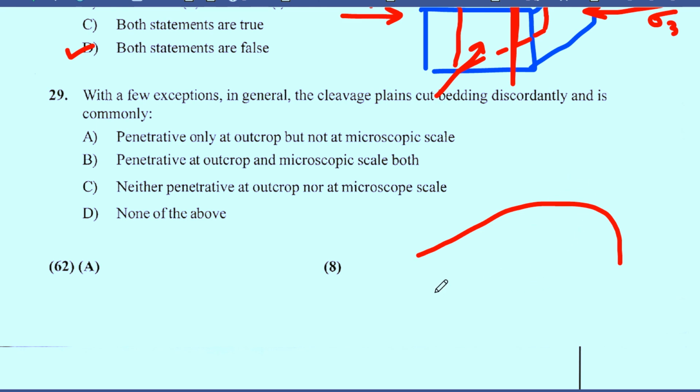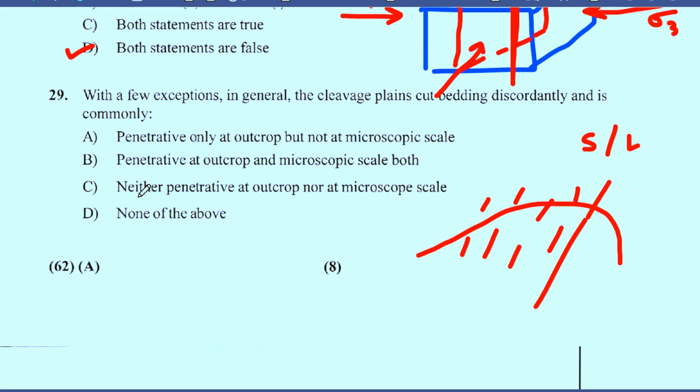Suppose this is our fold and we are getting cleavage. The axial plane is like this, and parallel to this we are getting so many cleavages. Now on a small scale as well as large scale we will see this relationship, in the field itself and in a microscope also.